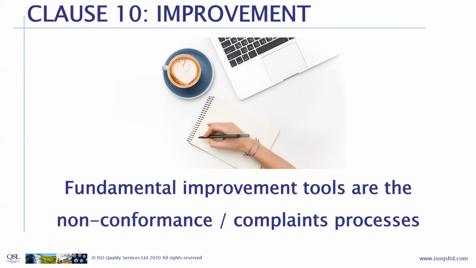Within the non-conformance process is the action of taking corrective action. That essentially is putting it right in the first instance, and following on from corrective action is preventive action. That's to stop the non-conformance reoccurring, which then will lead you to improvement.